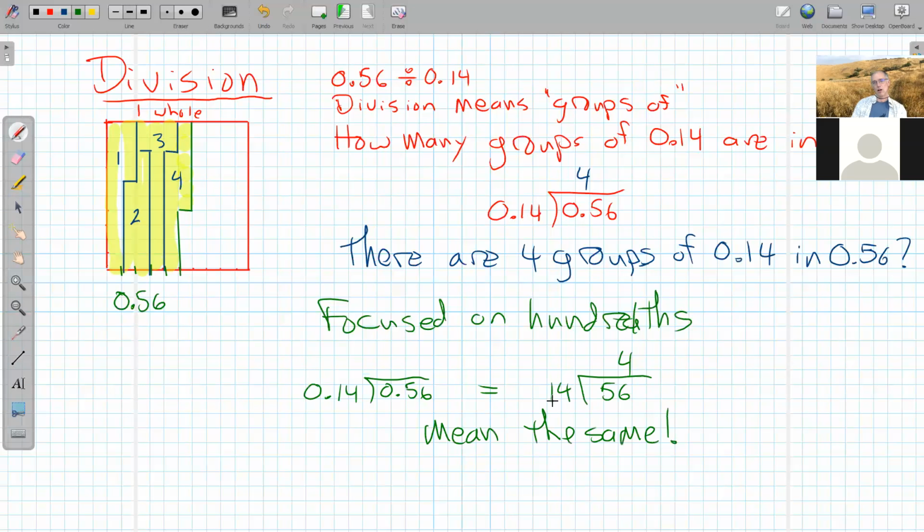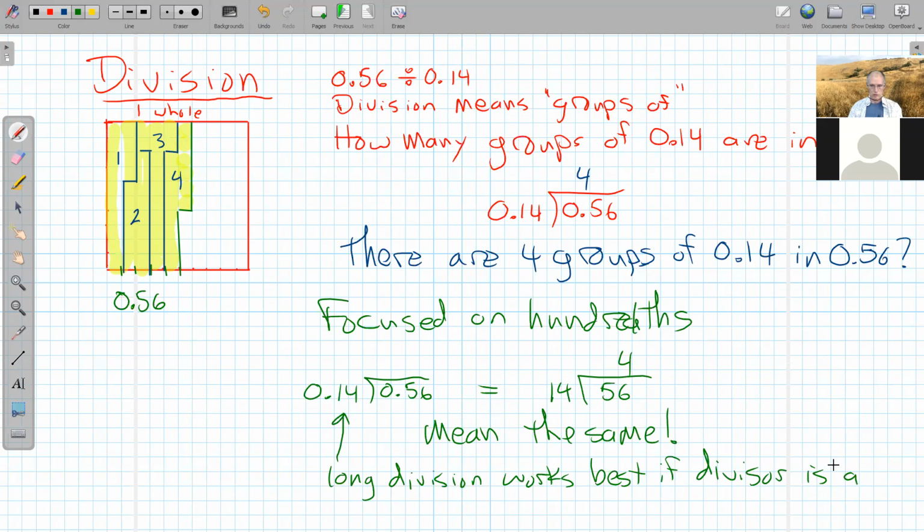And that kind of gets at our algorithm. Our algorithm basically says that long division works best if our divisor is a whole number, and then we adjust the numerator to compensate.